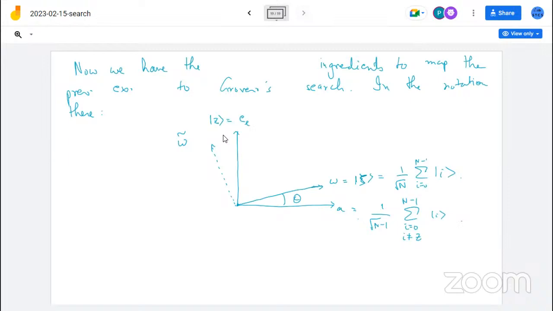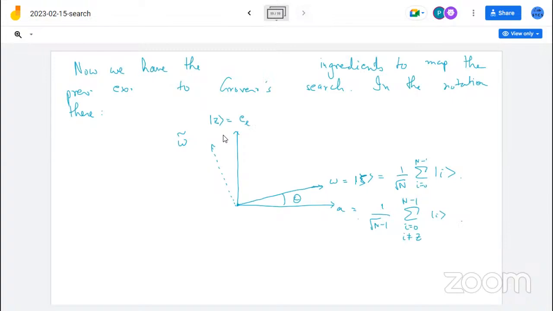So what does it do? So it is W tilde. So you mean like that W?